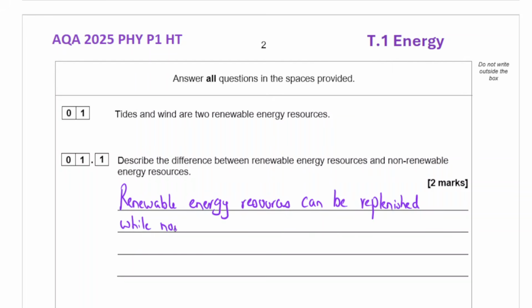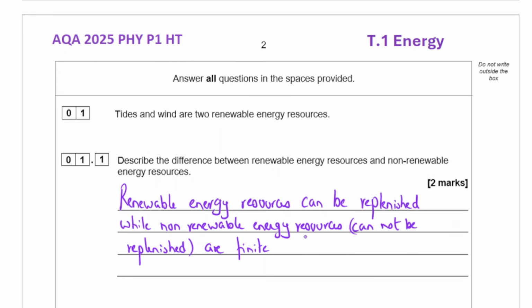Well, non-renewable cannot be replenished, but I would actually use the word finite, meaning that it will run out one day.